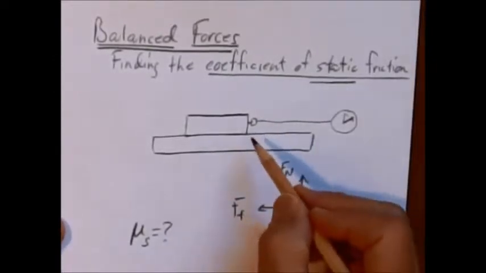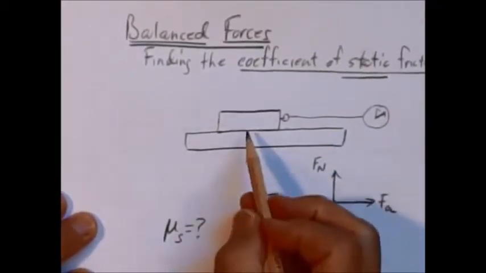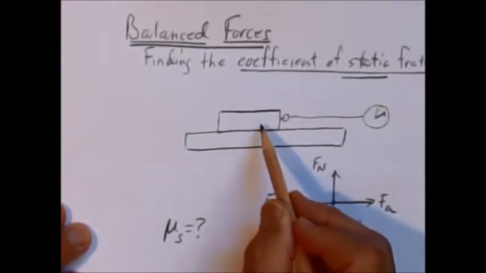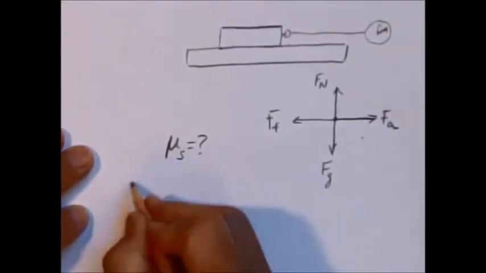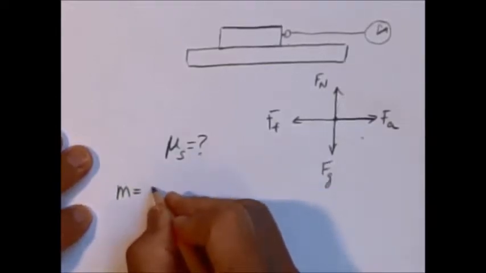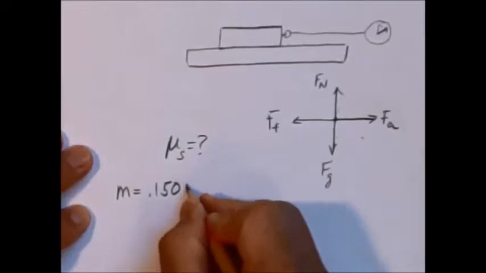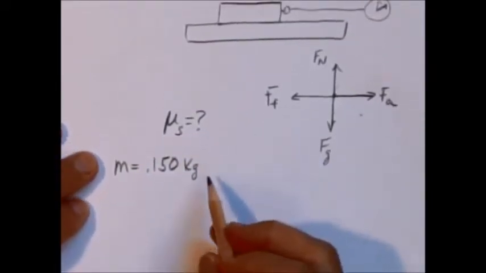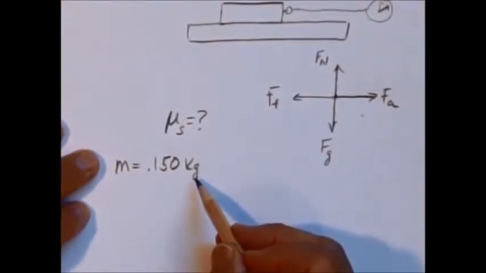So I'm going to try to use some realistic values for the block in the lab. If you took this block and weighed it on the scale, you would have found that the mass of the block of wood was about 150 grams, which I'm going to write as kilograms, because it's really important that you use standard units if you're going to use standard equations.